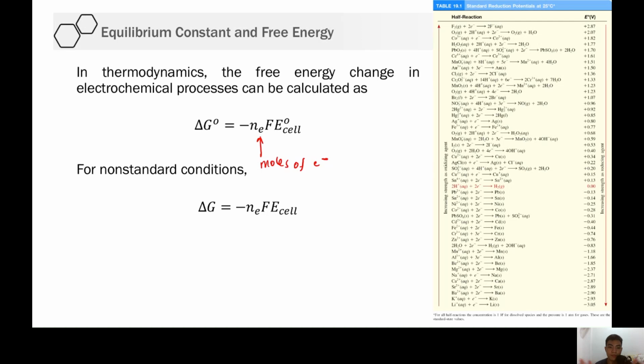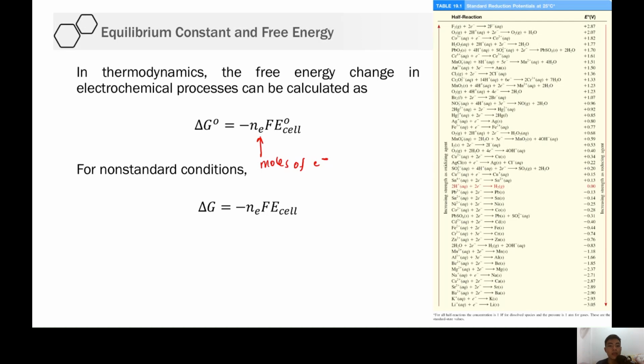In Tagalog, yung kinakancel na electron sa dulo, yun yung ilalagay mo dito sa n. For example, you canceled 5 electrons on both sides. That means n is 5. Kung ano kinancel mo, yun yung ilalagay mo dyan.